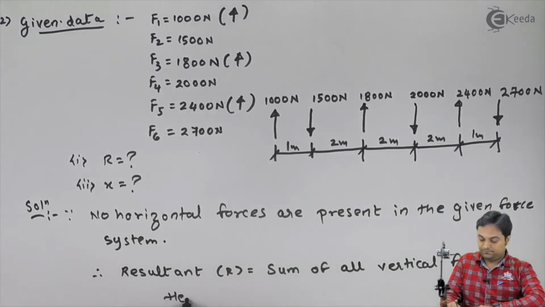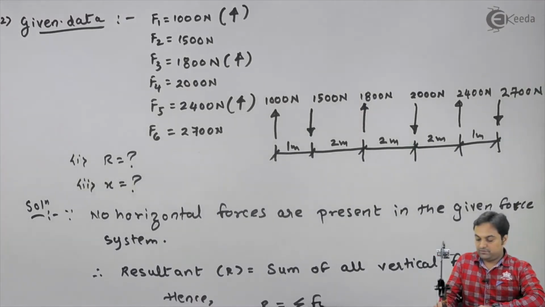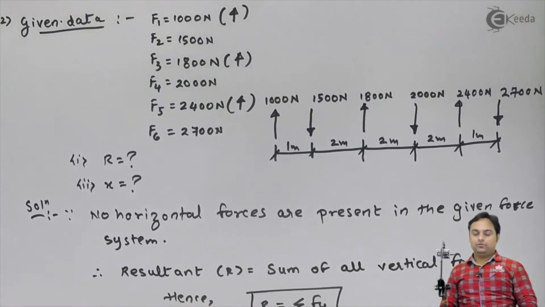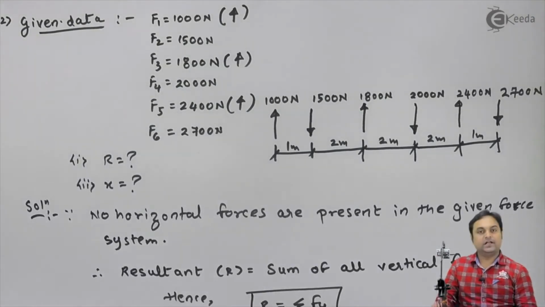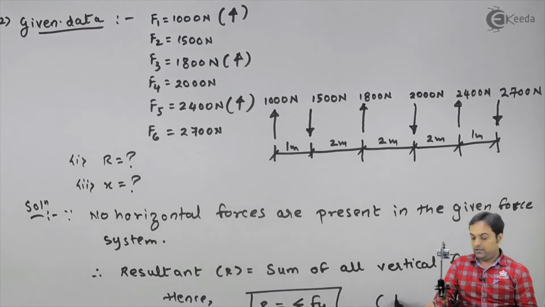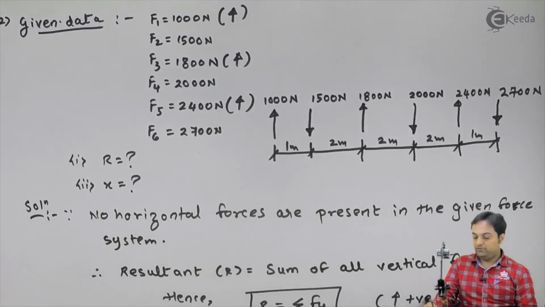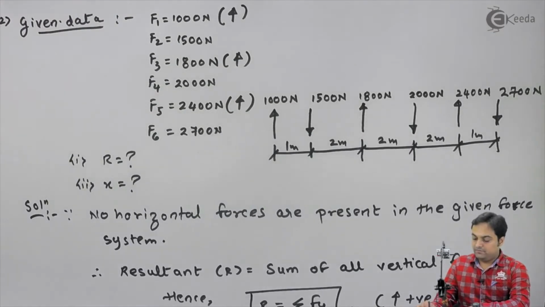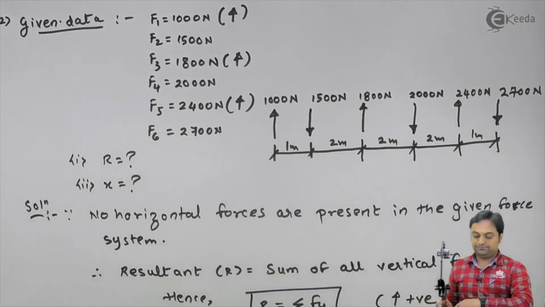Hence capital R is equal to summation of Fy. Upward forces we would consider as positive, downward forces we will take as negative.